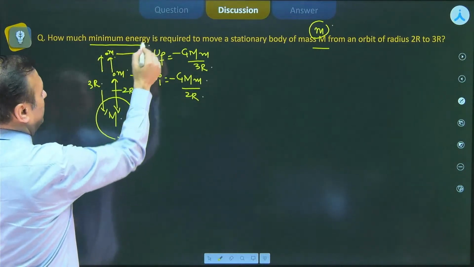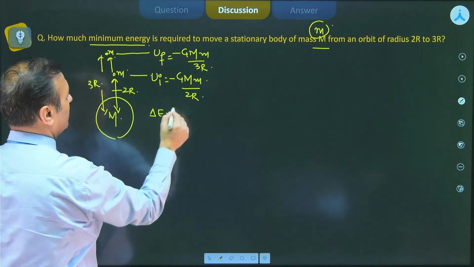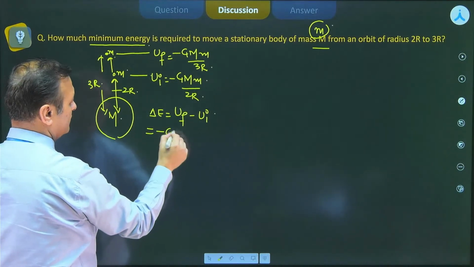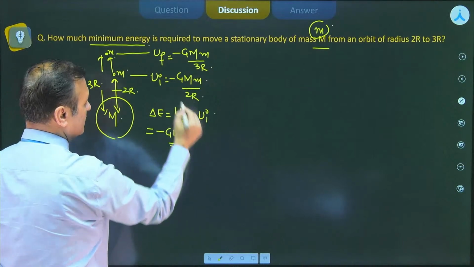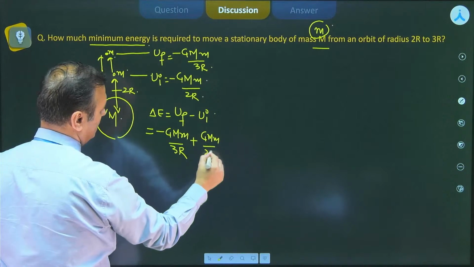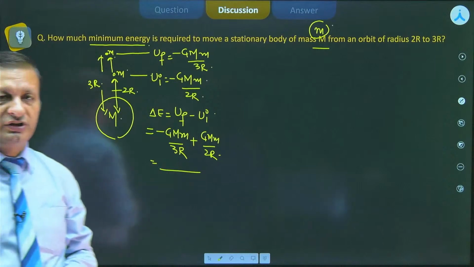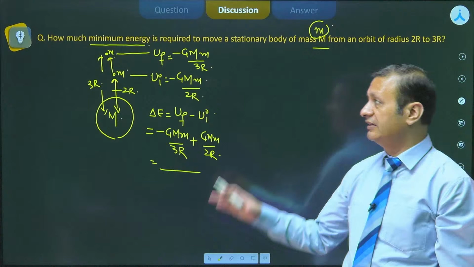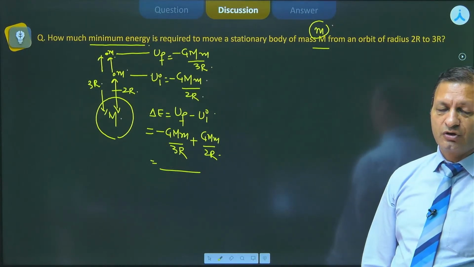We have to find the energy required. The minimum energy required is U final minus U initial, which is minus G M m by 3r plus G M m by 2r, and when you solve it you will get the answer. This is how you approach defining the potential energy for a given pair. Got it or not?